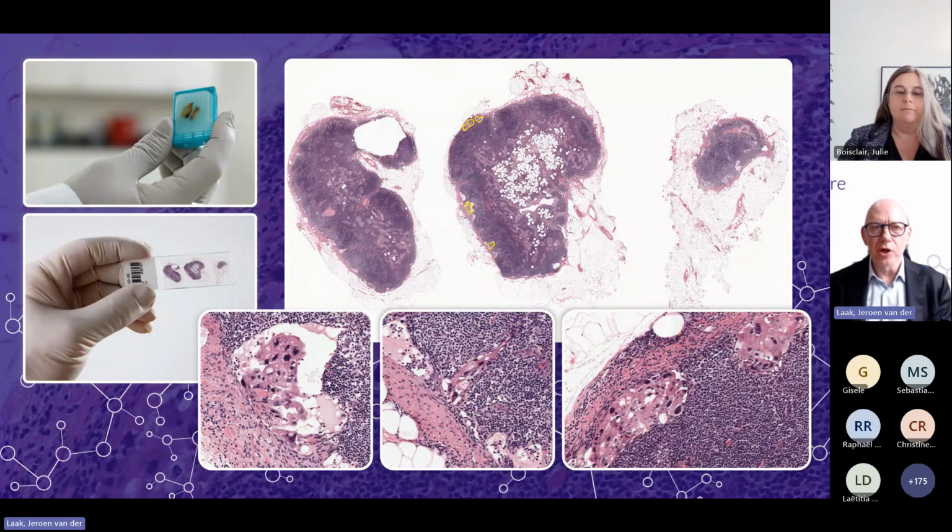The task for the pathologist is to find potential metastatic areas, so regions where there is metastatic breast cancer in these lymph nodes. If a pathologist finds those areas, that changes the stage of the disease, which might also have consequences, for instance, for the treatment advice that we give.